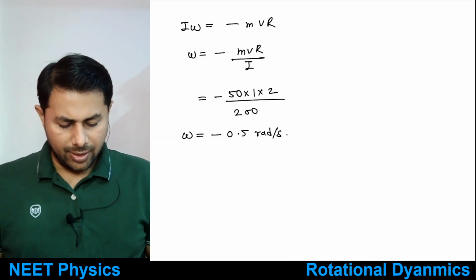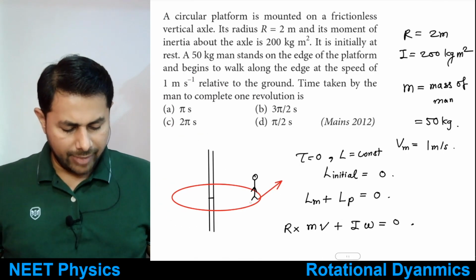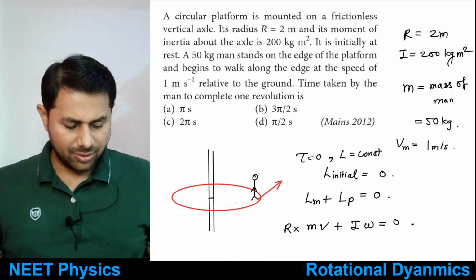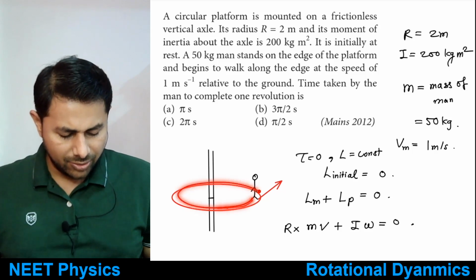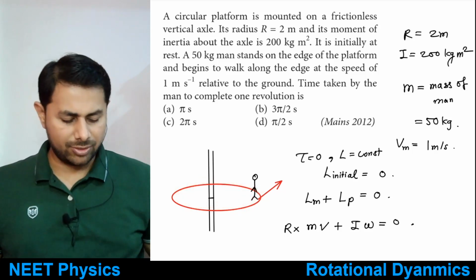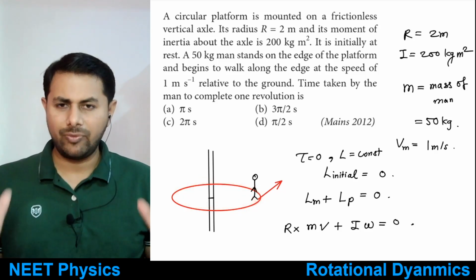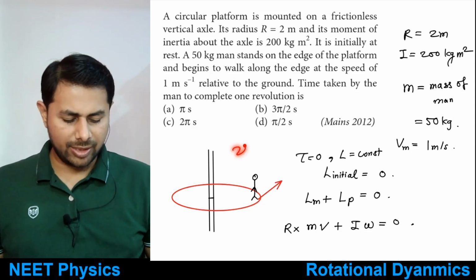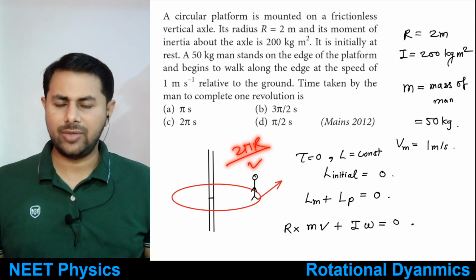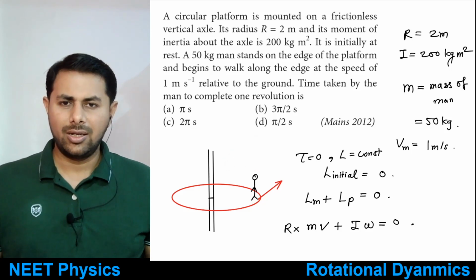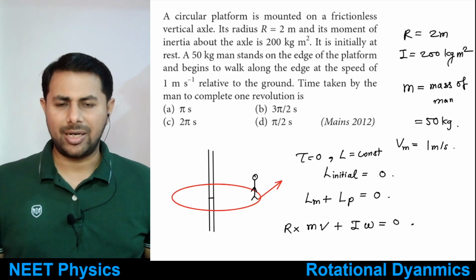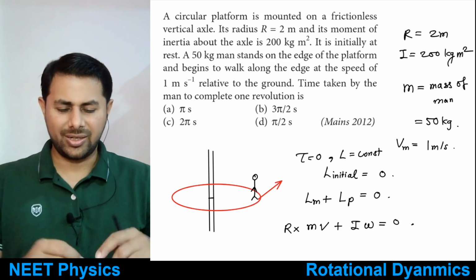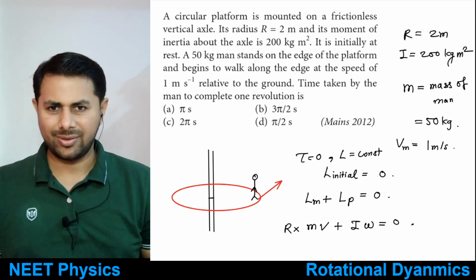Now see, the man is moving in the forward direction, and in order to complete one revolution he has to come back to the same point. If the platform was steady, the distance to be covered is 2 pi r and his velocity is v. But now you need to take his relative velocity with respect to the platform. He is moving and the platform is also moving, right?